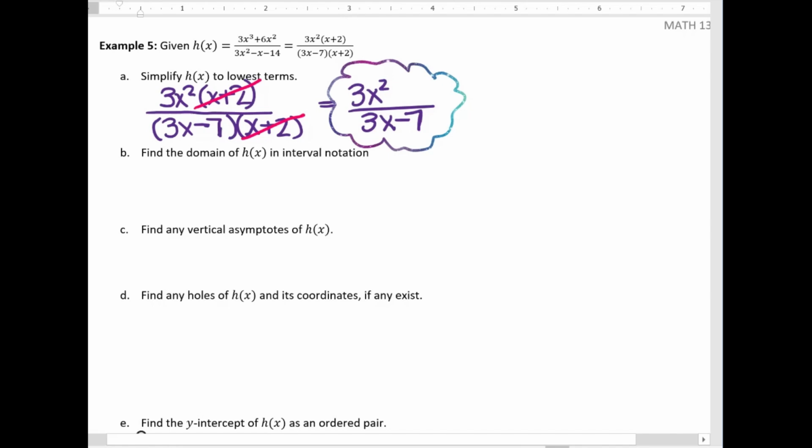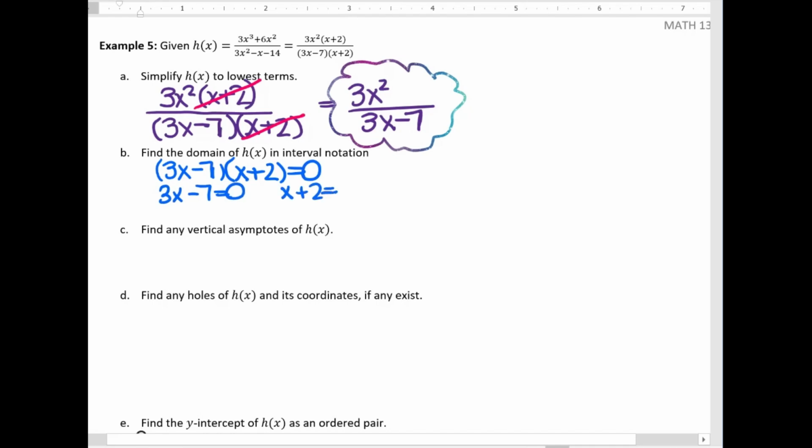Remember, with your domain, you're going to take your unsimplified denominator and set it equal to 0. A lot of people actually find the domain before they simplify anything down, because then they'll make sure that they don't miss any of their restricted values.